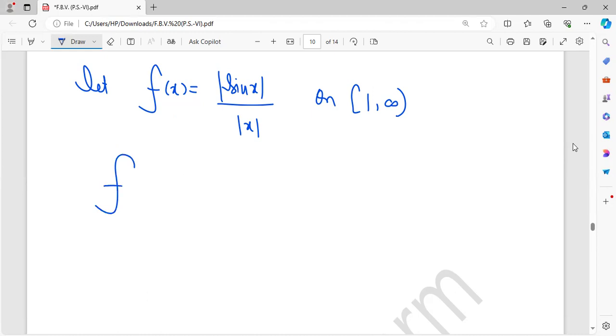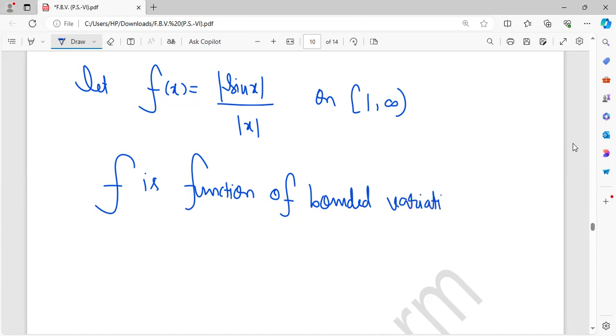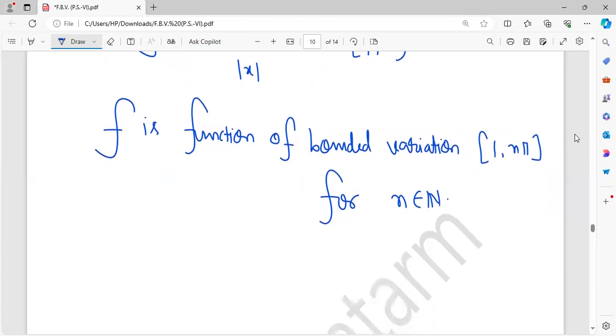So f is a function of bounded variation on [1, nπ] for n belonging to the natural numbers.